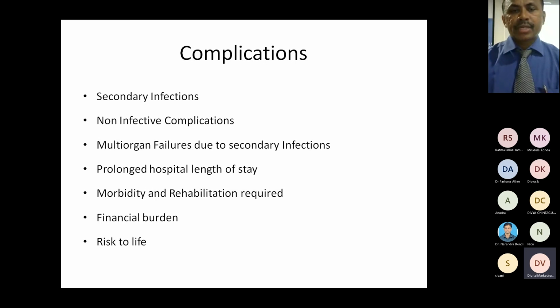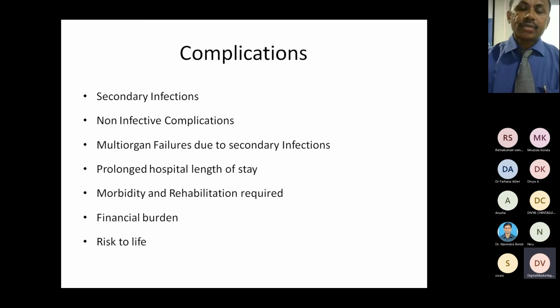Every patient may not respond the way you want him to. So there is possibility of developing secondary infections, or there can be non-infective complications, multi-organ failures, either due to the primary cause or due to the secondary infections, and prolonged hospitalization with each and every complication added.